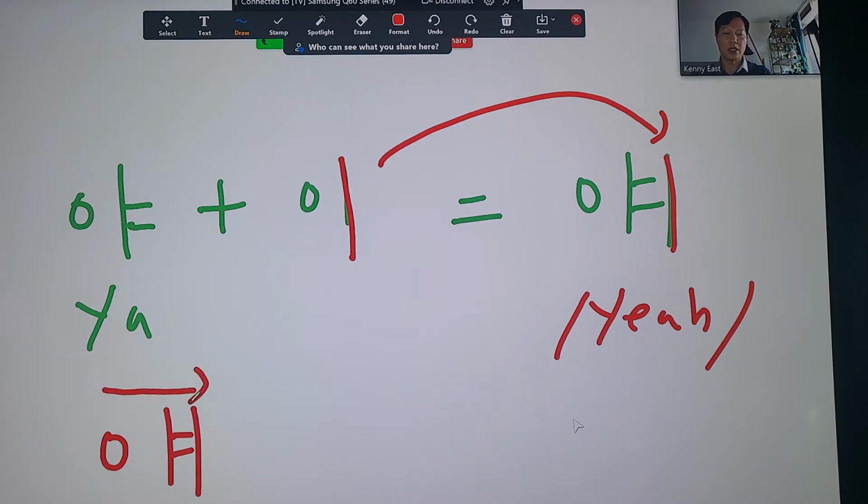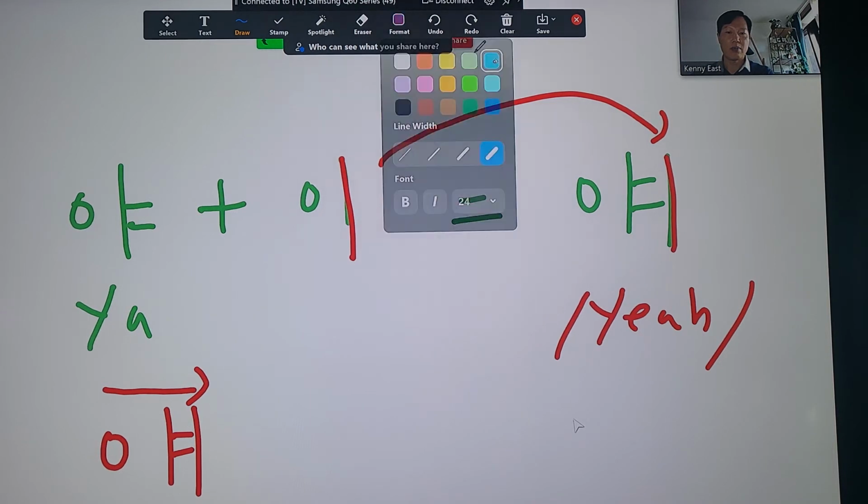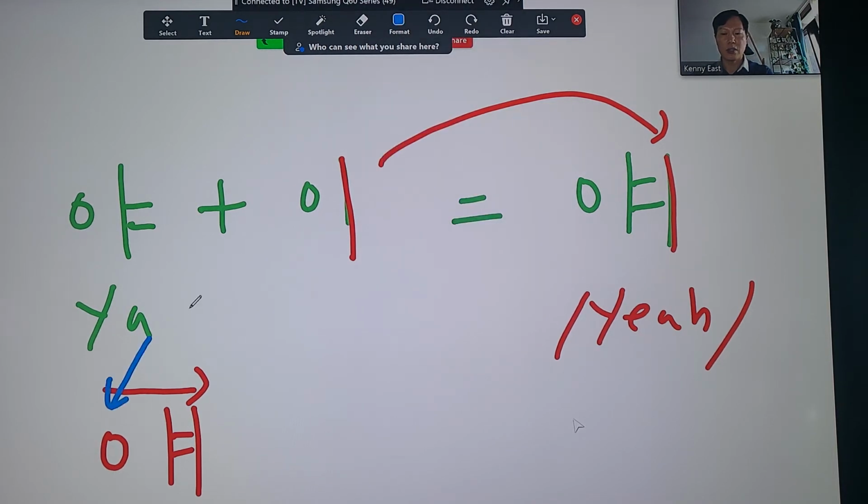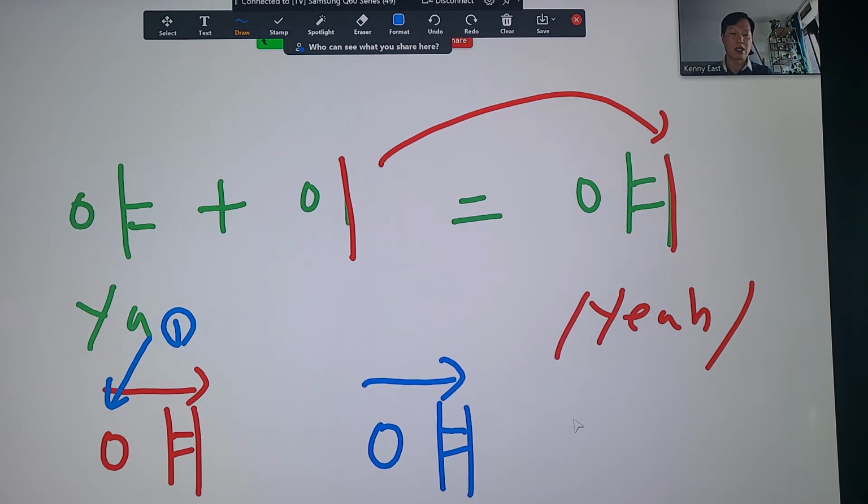So left to right direction, writing down, right? So always remember, for vowel alphabet sounds, you write the circle first. Yeah. So circle first and then the stick behind. So left to right direction. So this sounds like the yeah sound, right?